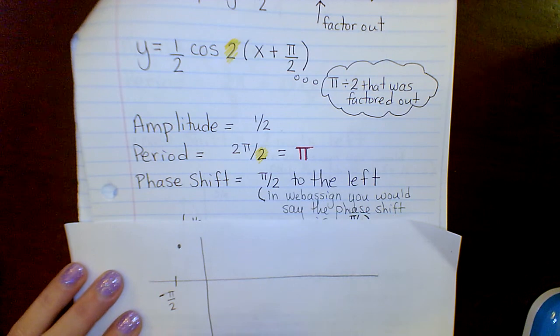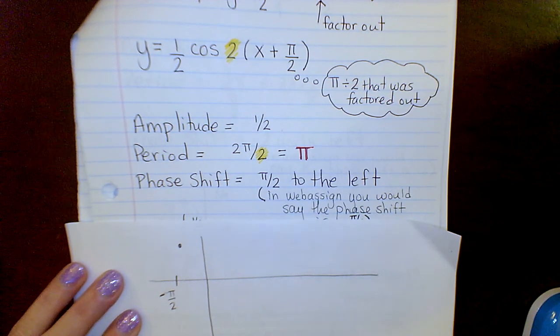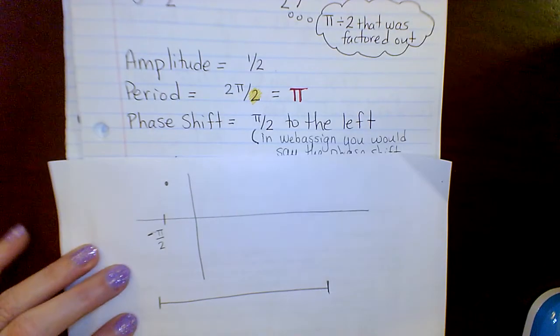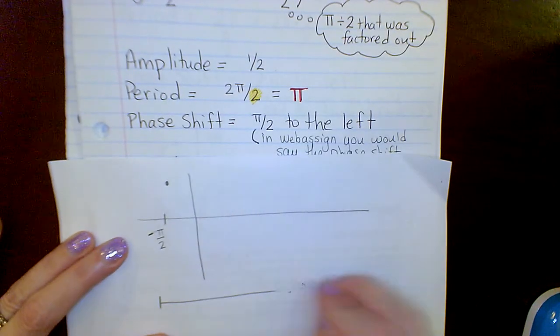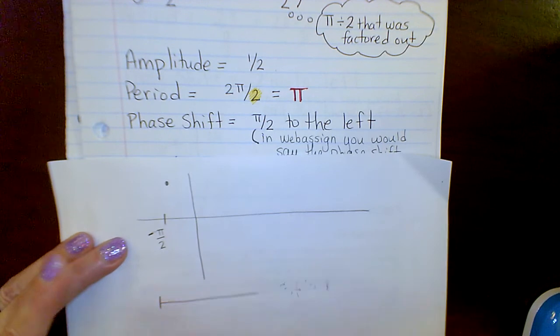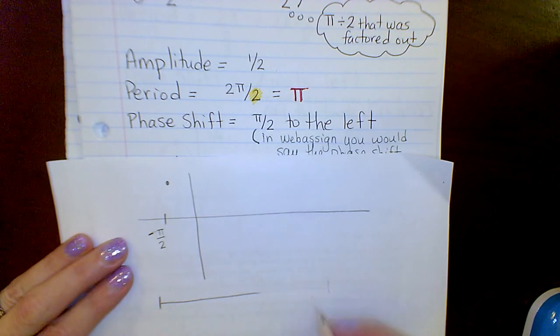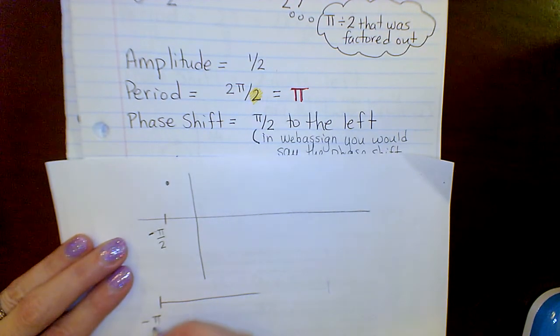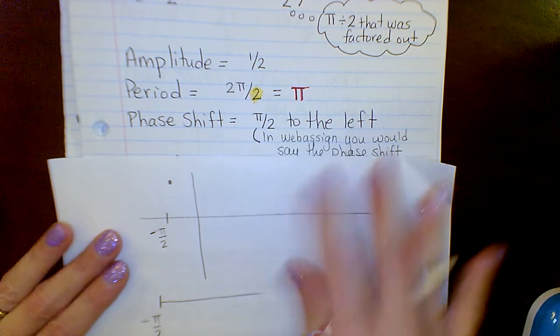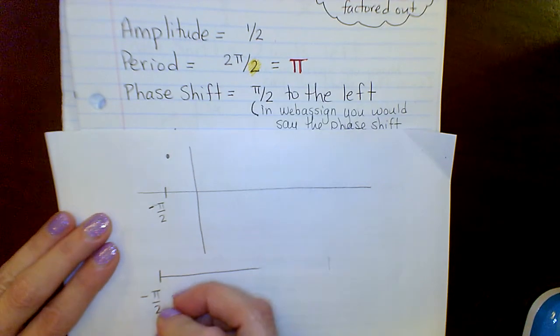So here's my starting point. My starting point's negative pi over 2. My period is pi, so I'm going to need to add pi.